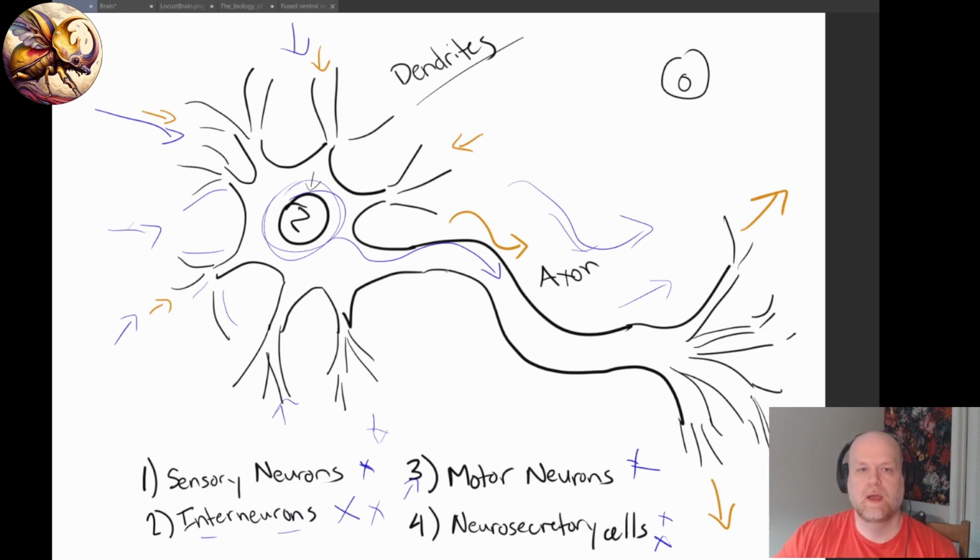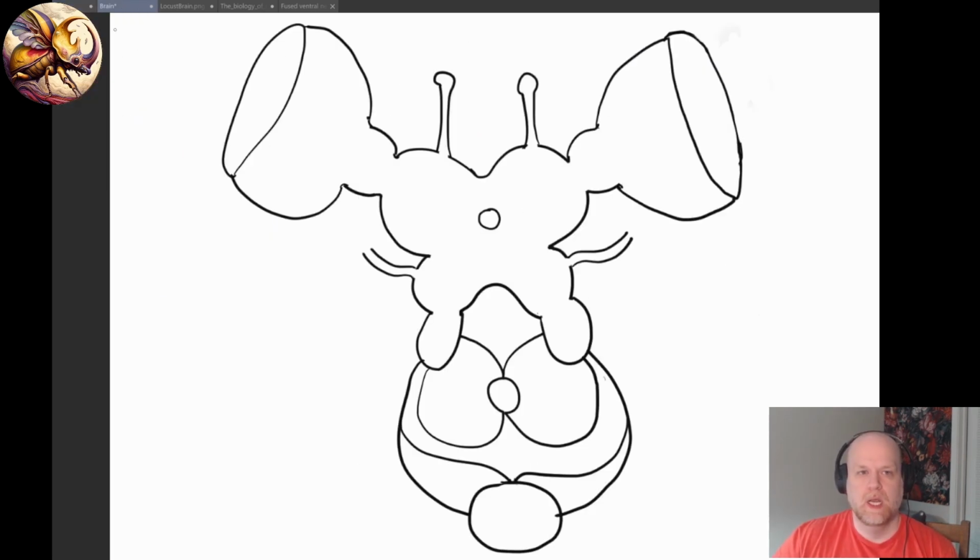Now that we have talked about neurons, we can move on to the insect brain. If you will remember, I've talked about this briefly before in some of the earlier sections. It is a fusion of multiple sections.